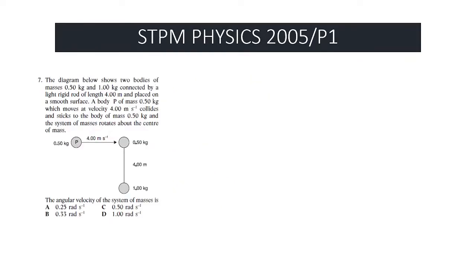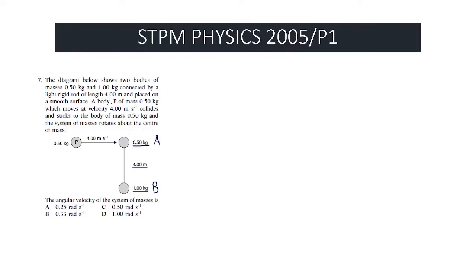Question 7. We have 0.5 kg here, and we have 1 kg here. Let's label the 0.5 kg as A and the 1 kg as B. They are connected by a light rigid rod of 4.0 meters.